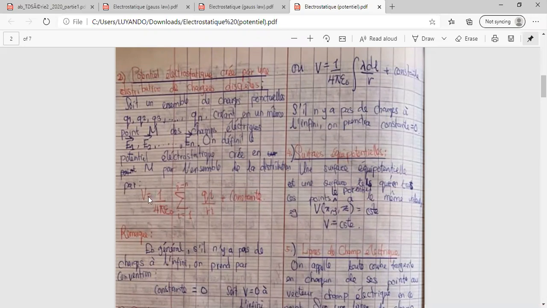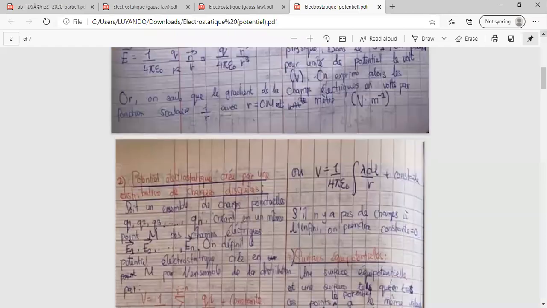We're trying to find the potential of all the charges, so we add the summation over all the charges. Our expression for V is equal to this.